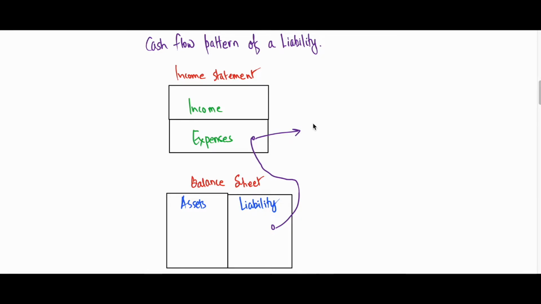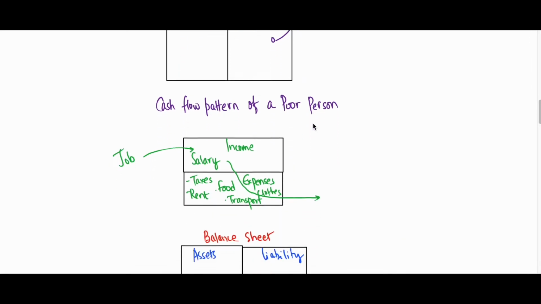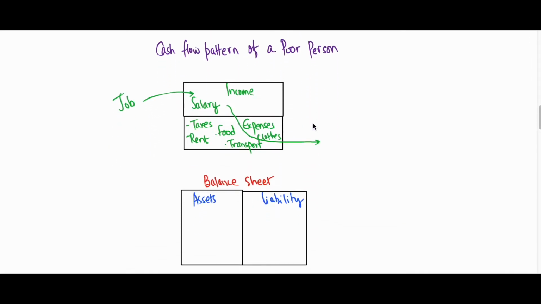In the case of the cash flow pattern of a poor person, he has only one source of income, which is his job. He receives a salary from his job and uses that money on expenses like paying taxes, rent, food, transportation, clothes, and so on.